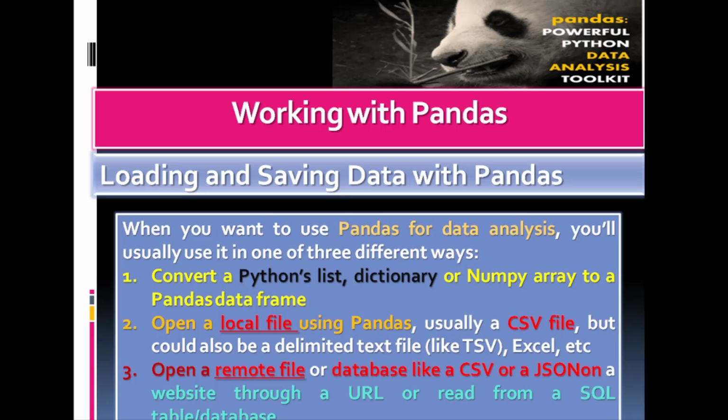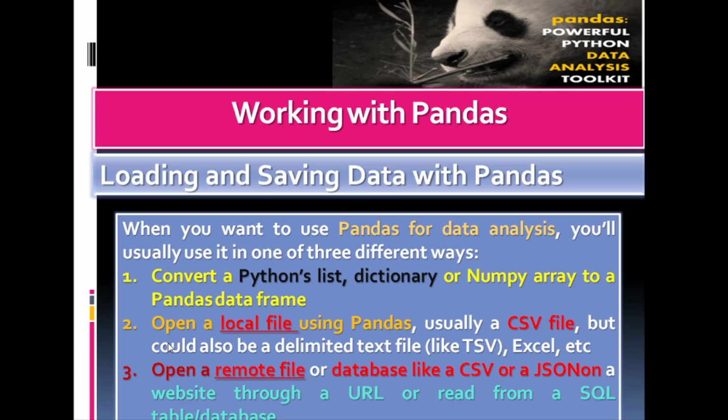Usually this file can be a CSV file, text file, or Excel file. And the third way is to open a remote file or a database, like CSV or JSON on a website through a URL, or read from an SQL table or database.